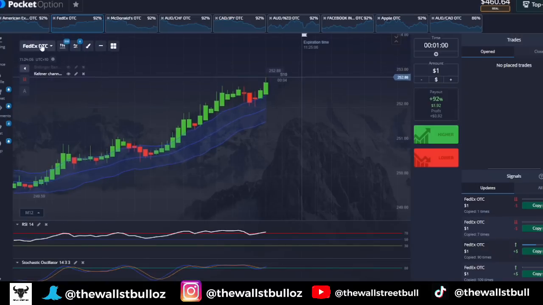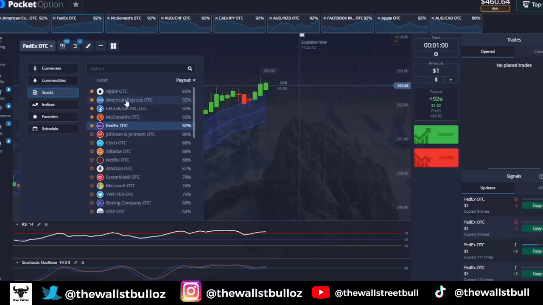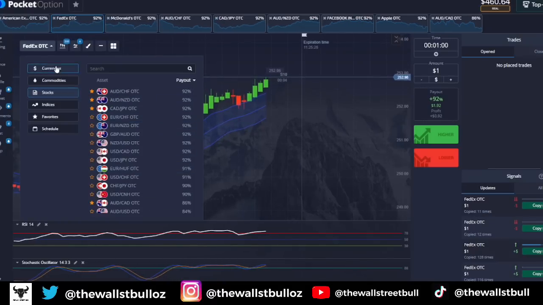Now, obviously, you can trade anything on this platform, as you can see right here. You can trade stocks: Apple, Amex, Facebook, McDonald's, FedEx. You need to keep in mind these payouts right here. You need to watch these. Obviously, you want to go for the 92% payout. If you go for 80, you're going to earn less money. You can trade currencies, Forex.